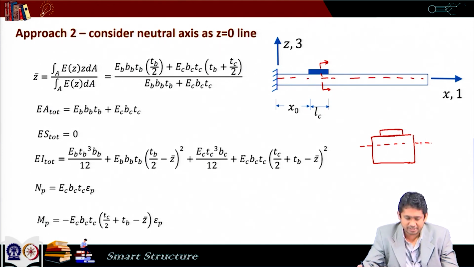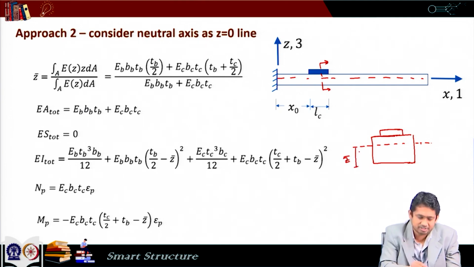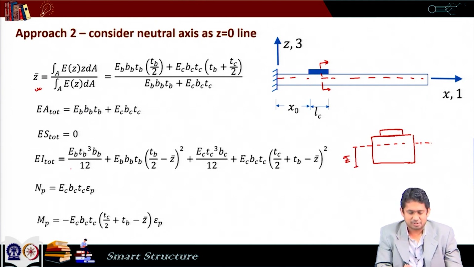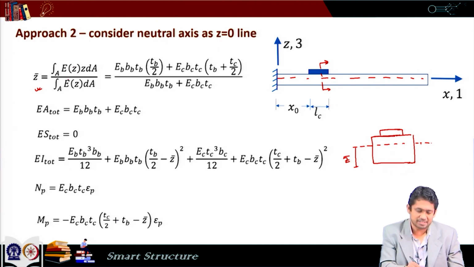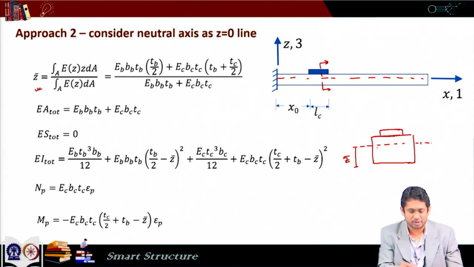Now, how did I find out the neutral axis? To find out the neutral axis, all we do is just evaluate this integral. We know how to find out the centroid. If we forget about this E, if we put E is equal to 1, the rest of it is just the formula for finding out the centroid. Now, to find out the neutral axis, all we are doing is putting a weight, and this weight is just the Young modulus.